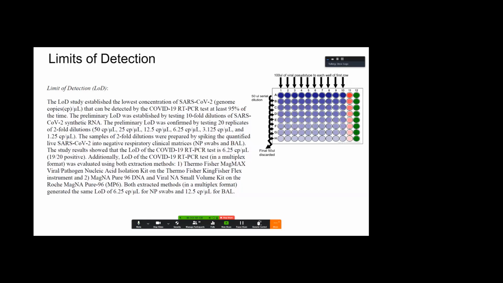A lot of viral RNA here, less. And they did 2-fold dilutions. So then you say, how little is too little to get a signal? That's what they're calling the LOD, limit of detection. Their conclusion was, I'm going to average here, but it's about 10 viral RNAs per microliter.